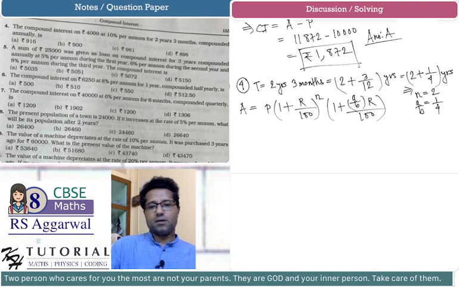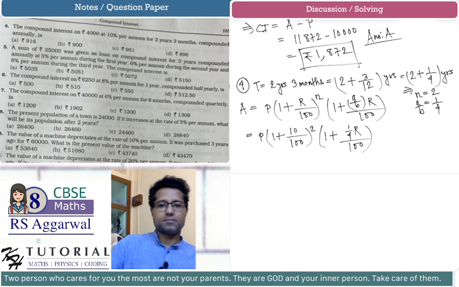Okay. So this becomes P multiplied by 1 plus R, which is given to be 10 by 100, to the power n is 2, and we have 1 plus the fraction A by B, which is 1 by 4, multiplied by R by 100.